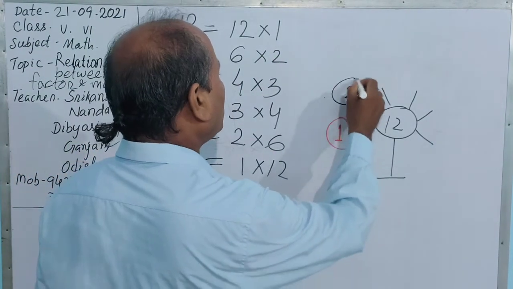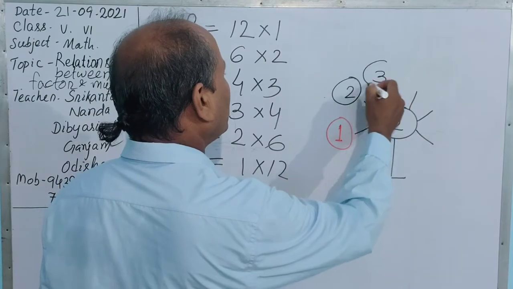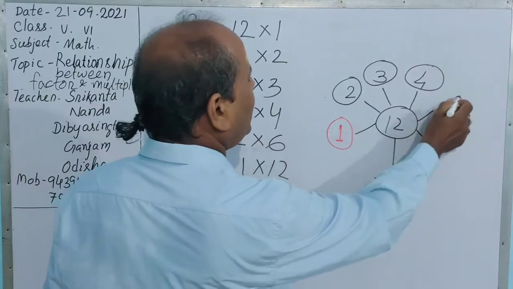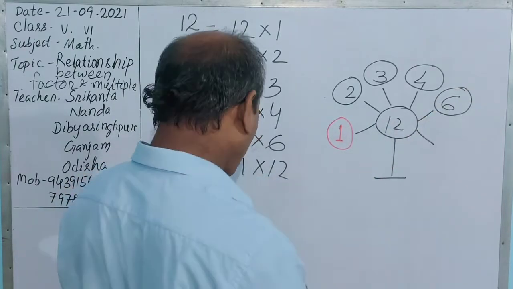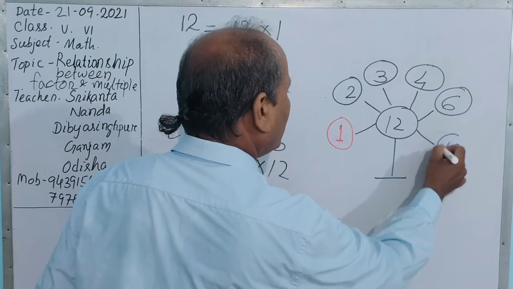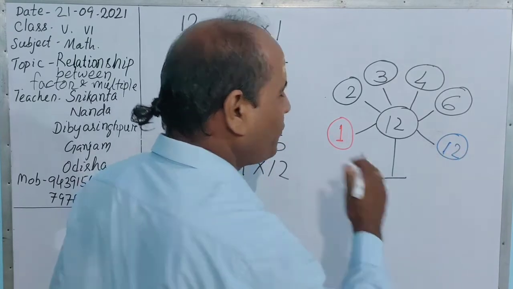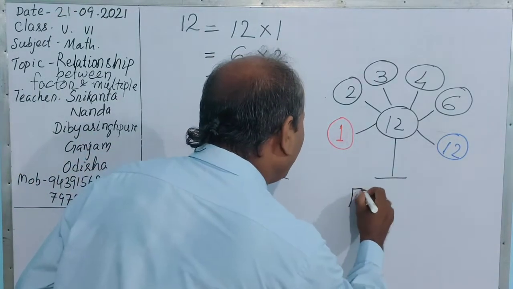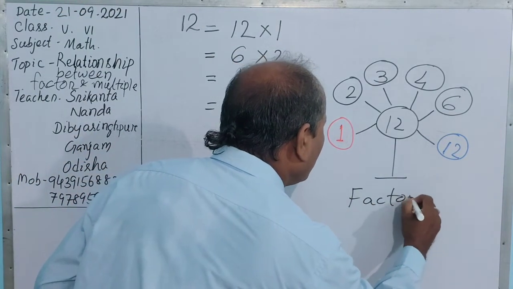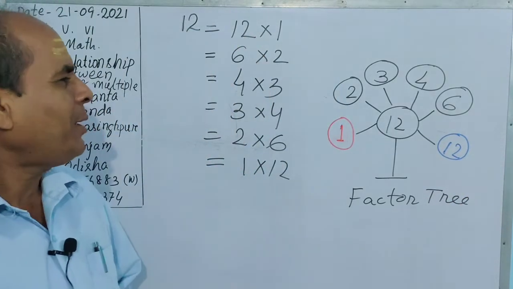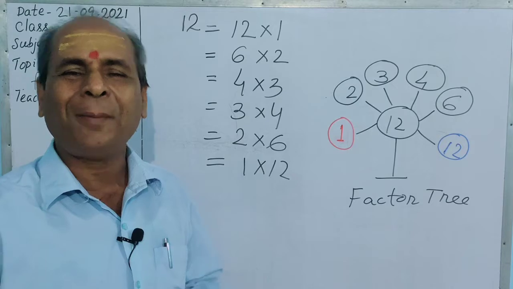Then 2, then 3, then 4, then 6, and lastly you get 12. So these all are the factors of 12. This is the factor tree. From the factor tree of 12, we can find all the factors of 12.